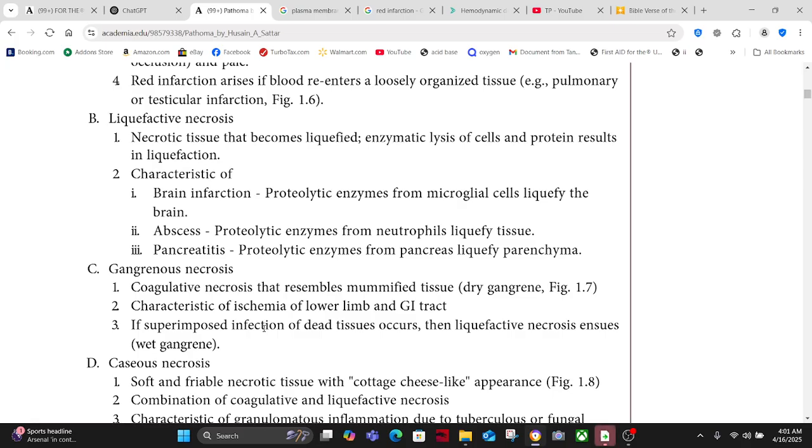And microglial cells are the macrophages of the brain. Okay, so they have the ability to destroy the brain.